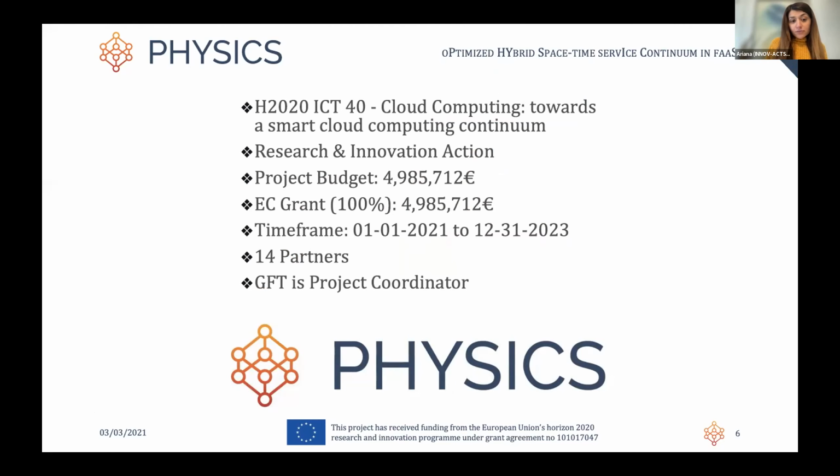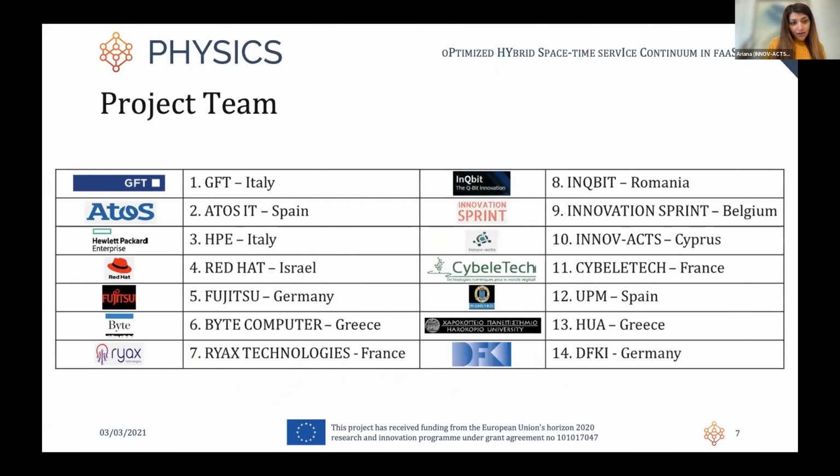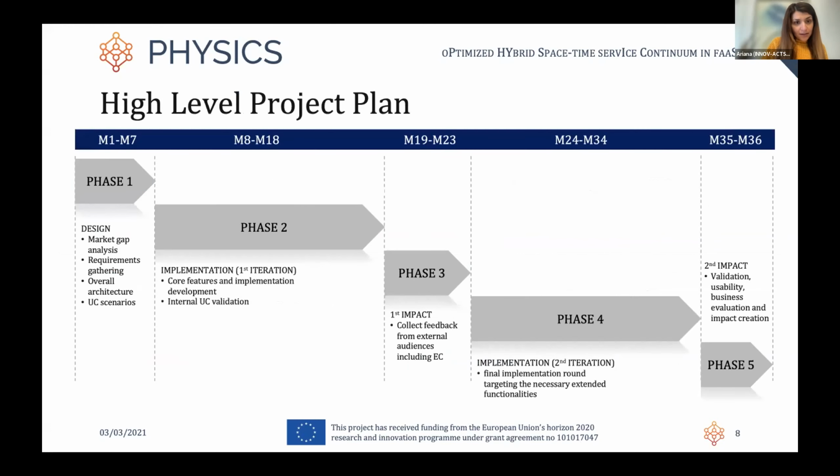The project comprises 14 different partners, and GFT is leading our project. Here is a list of our project team, including partners from 9 different countries, coming from universities, research centers, industry, and several different case studies, use cases that I'm going to present later on, which will serve as pilot sites.